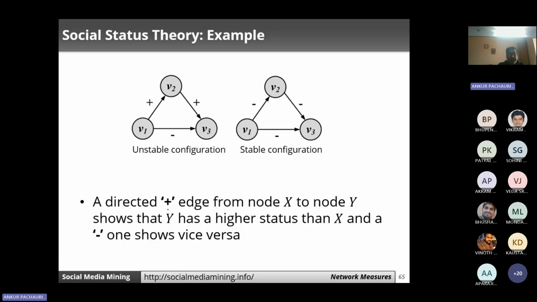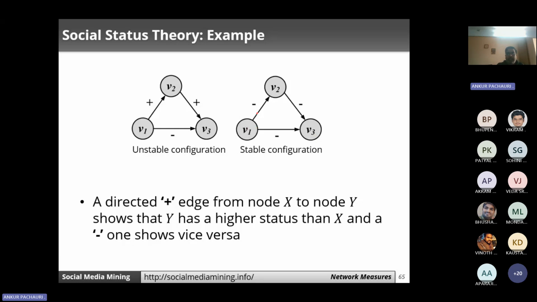So a directed plus edge from node X to node Y shows that X has a higher status than Y, and negative shows a lower status. So if V1 has a higher status than V2 and V2 has a higher status than V3, that means V1 will be at a higher status than V3, or it can be age group also.